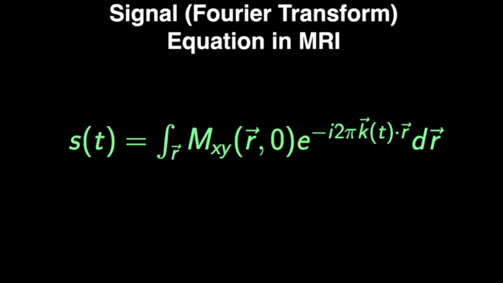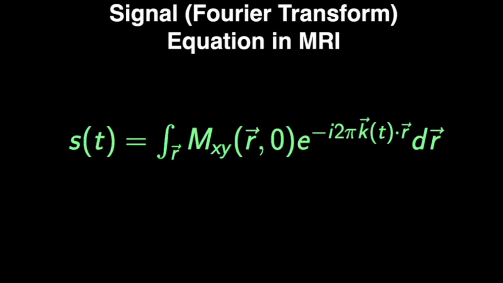S of t is what we detect, and it ends up being the Fourier transform of Mxy. That is what we actually want to image. So if we know this and we know the framework, we just take the inverse Fourier transform of the signal we detect, and we get back our image.